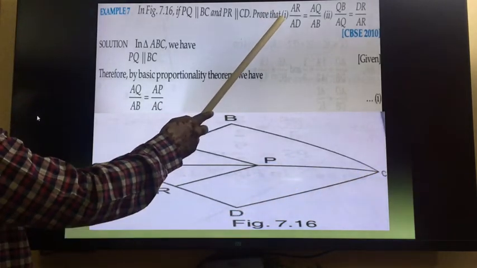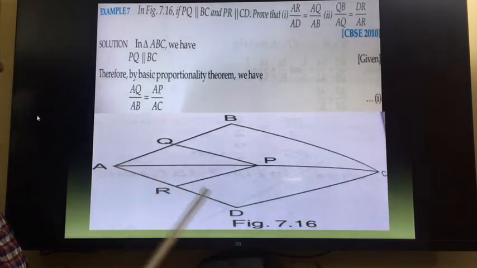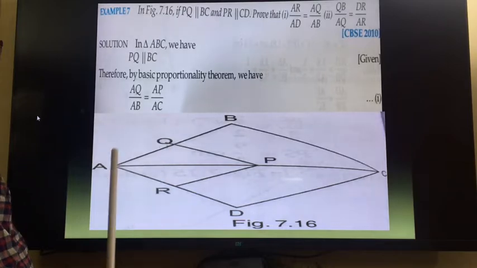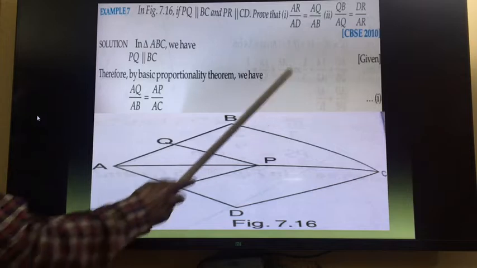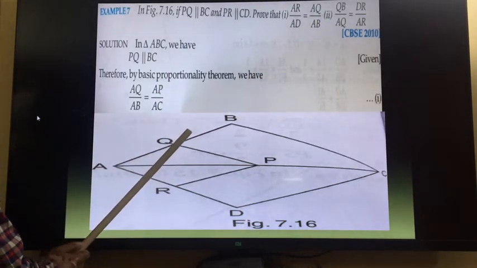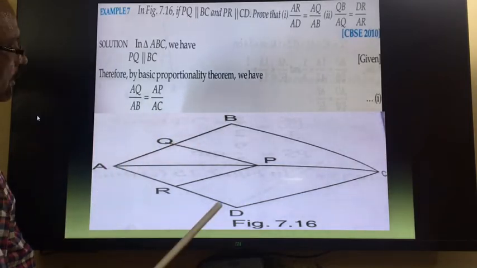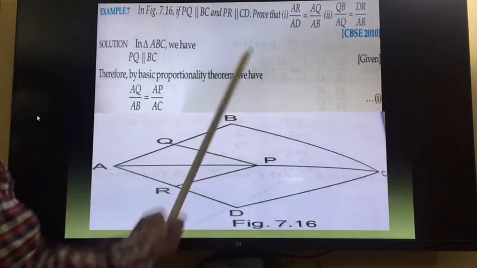We have to prove that AR upon AD, full line, is equal to AQ upon AB, first part. Second part, we have to prove that QB upon AQ is equal to DR upon AR. So these two results we have to prove.